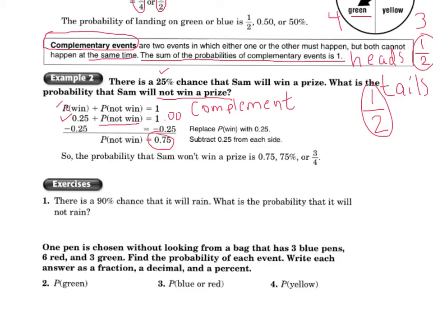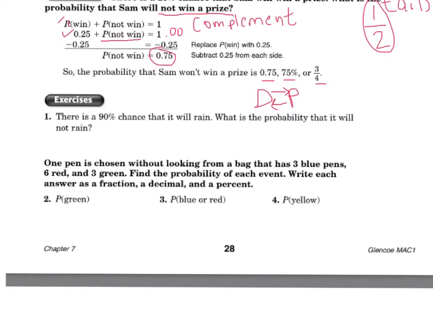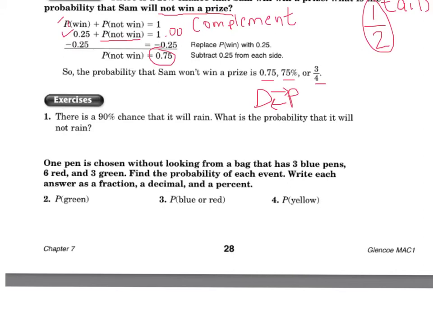So the probability that Sam won't win a prize is 75 hundredths, 75%, or 3/4. These are all equivalent. Remember our Dr Pepper strategy right here? You see how they use the Dr Pepper strategy? Now in your notes, you need to record this work. I just wanted you to watch that. Now you can record it in your notes.